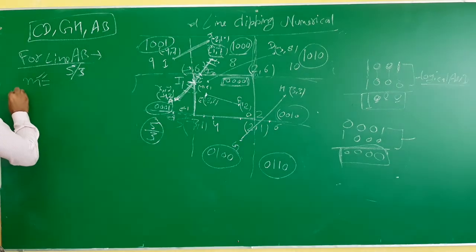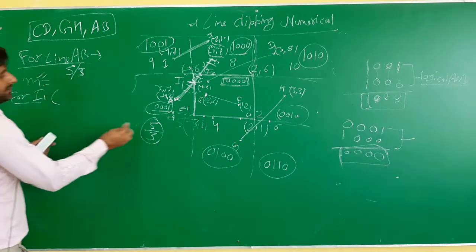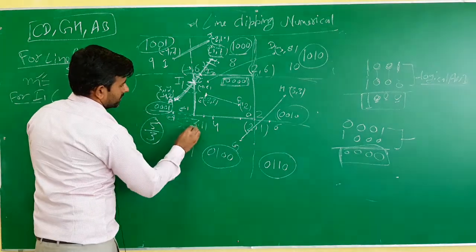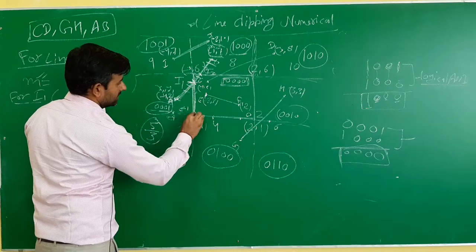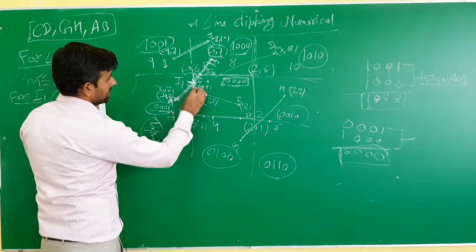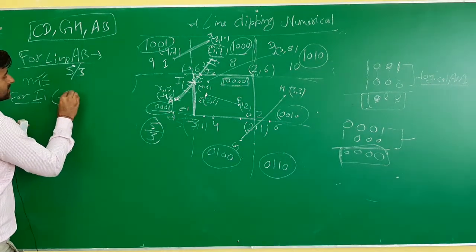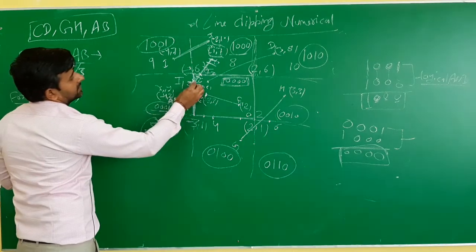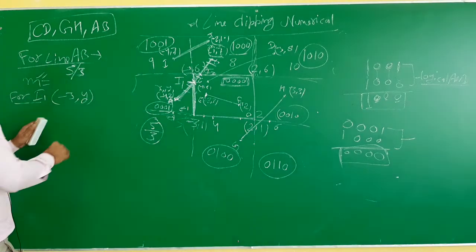For I1, we have the x value. x will be same for the whole line, x is -3, but the y value we don't have. I am taking it y.